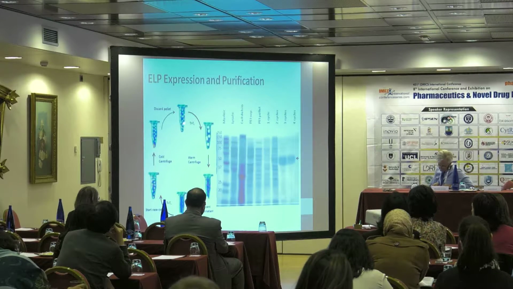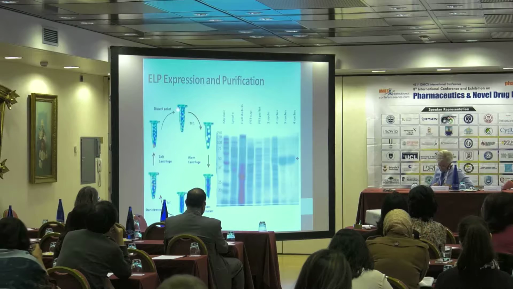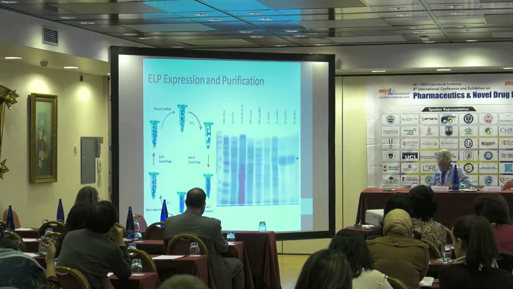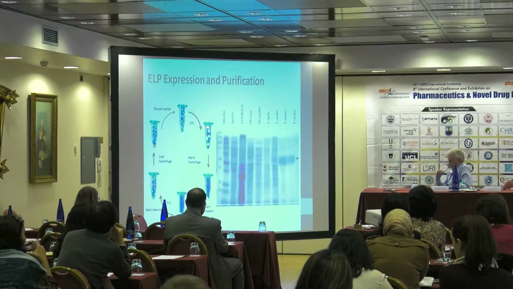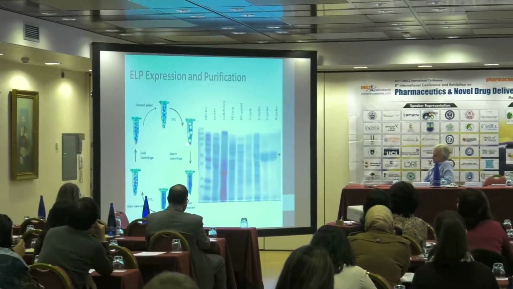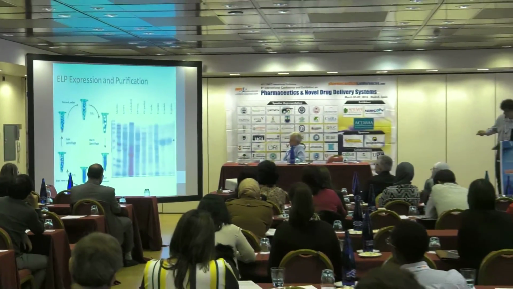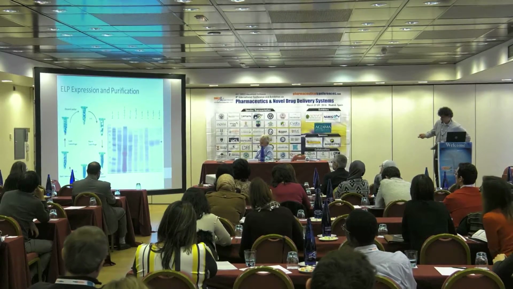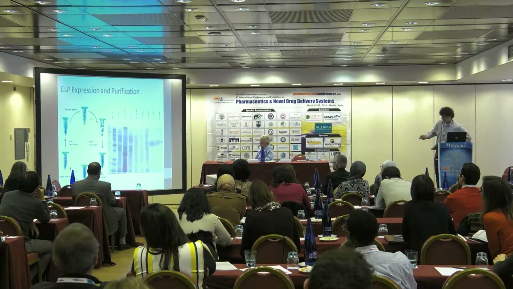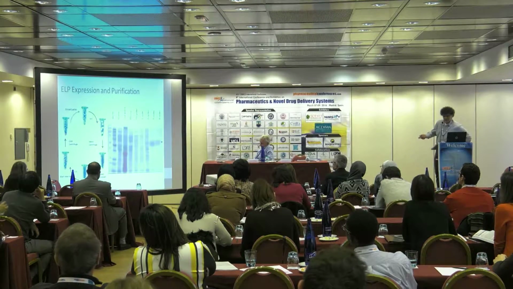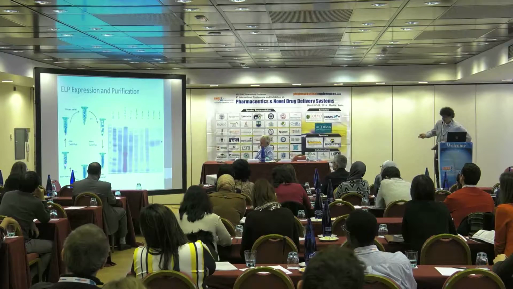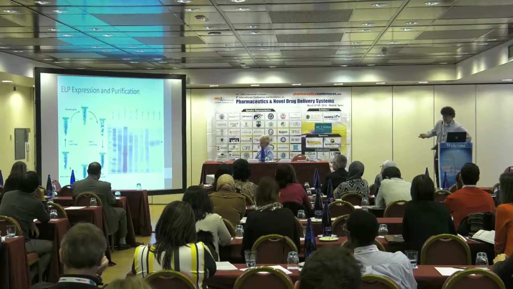The soup consists of these basically brown parts, which are impurities, and white, which is our protein. So by increasing the temperature above the transition temperature, the protein is going to aggregate, and then you do a hot spin, a warm centrifuge, and you get all your protein at the bottom of the tube. Then you discard the soup, and you have nice clean protein at the end. It's fully reversible, so you can cool it down and all this high molecular weight junk is going to be in the soup again.